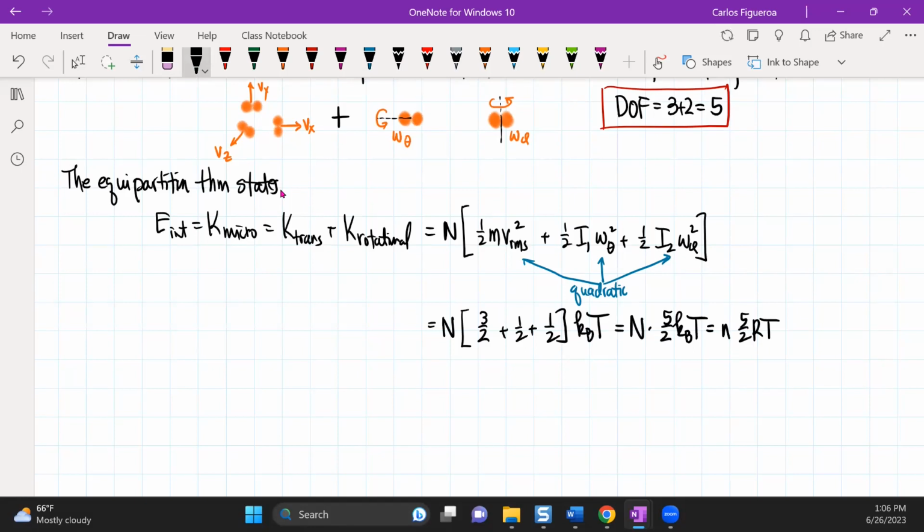That's what the equipartition theorem gives. So then this tells us here that now CV for a diatomic gas is now 5/2 R.